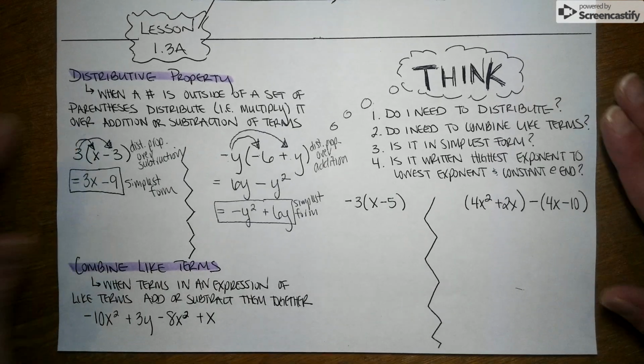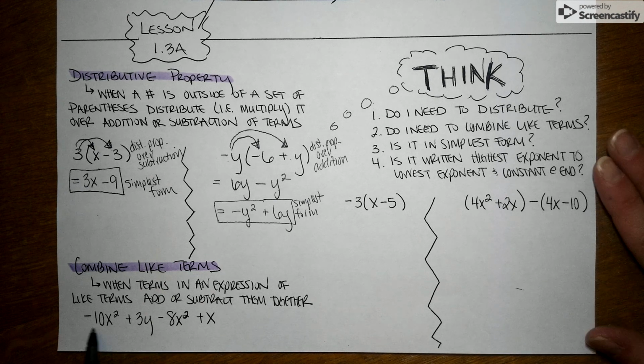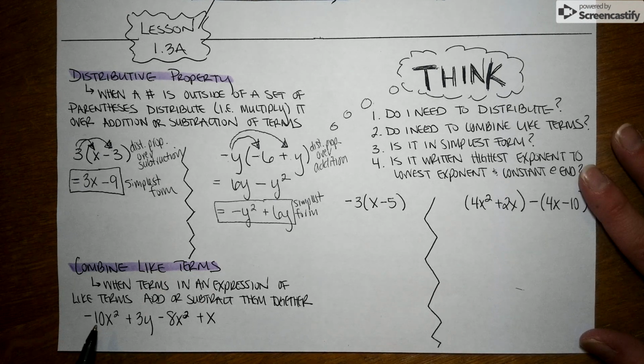So then if we go down and look at combining like terms, we need to remind ourselves that when there are like terms in an expression, you need to add or subtract them in order to get them together. So in this example, I have a negative 10x squared plus 3y minus 8x squared plus x. When I look at this expression, I notice there are 4 different terms.